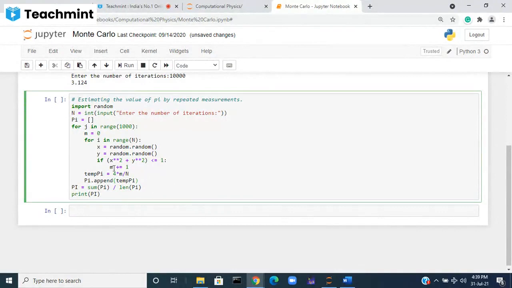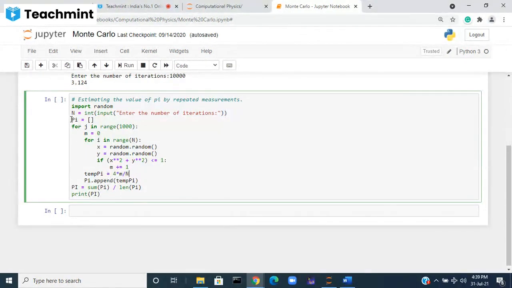This step estimates the value of pi. Pi is 4 times m by n. So for the first loop, this will give us the first value of pi.